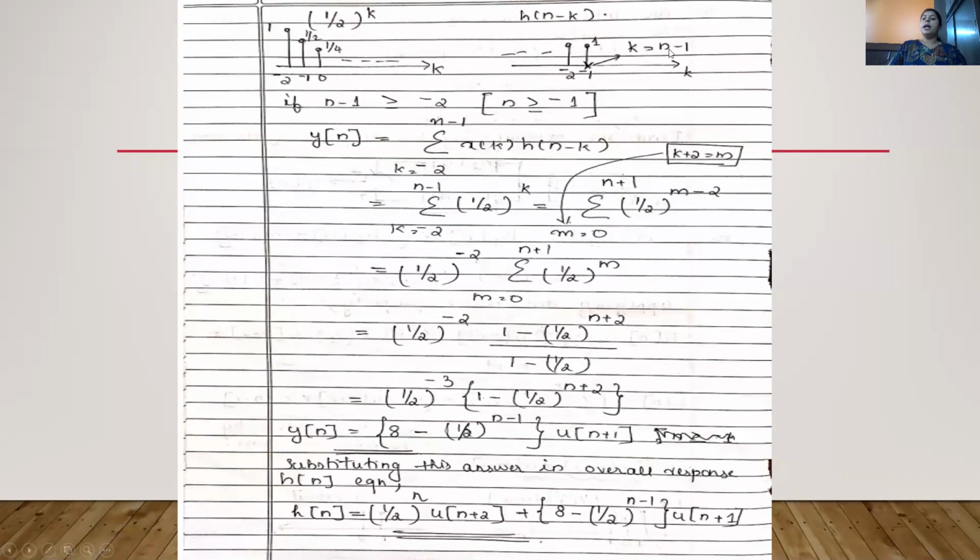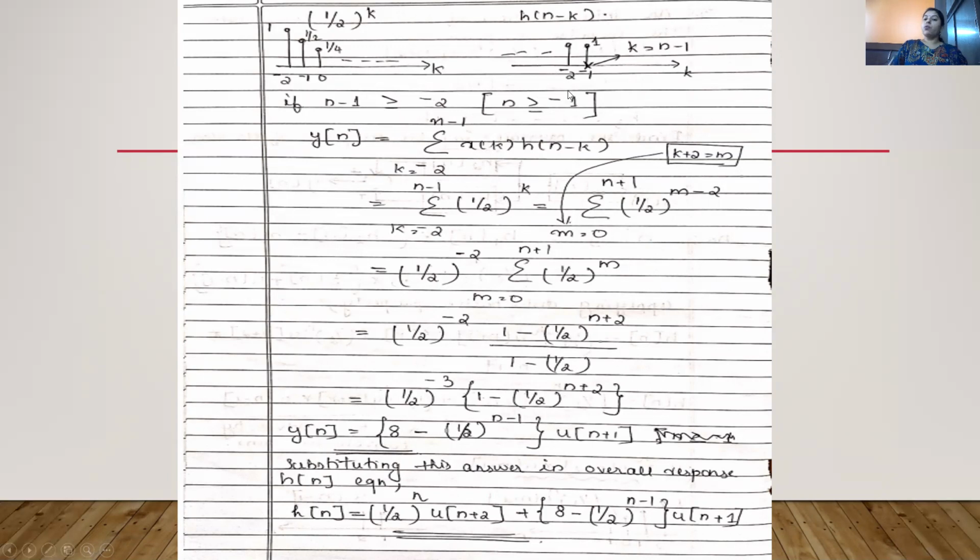First I'm going to move to the negative side. If n minus 1 is less than minus 2, I will not get any overlap at all. Then my answer will be 0.